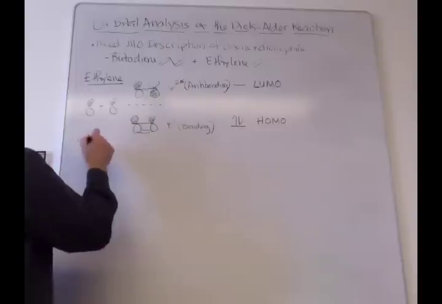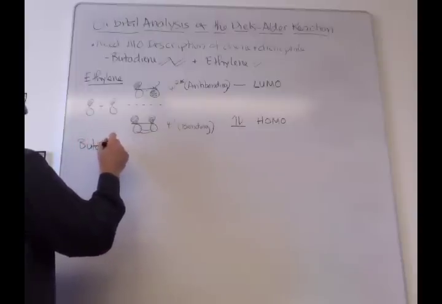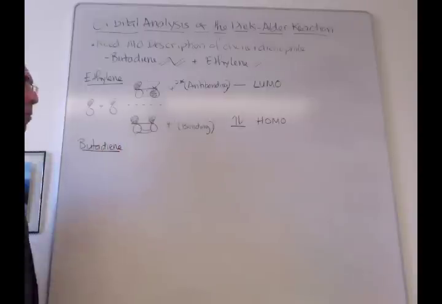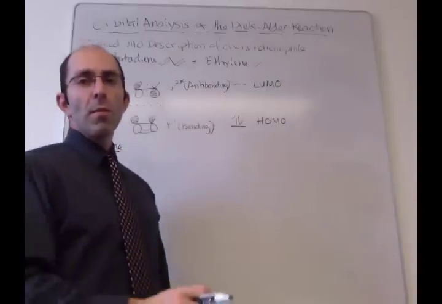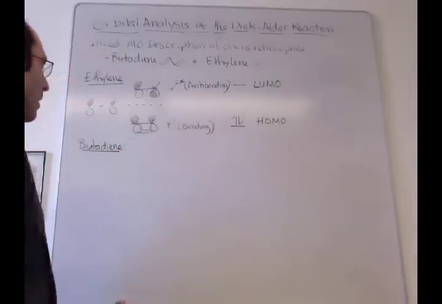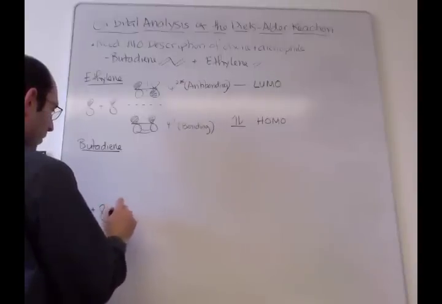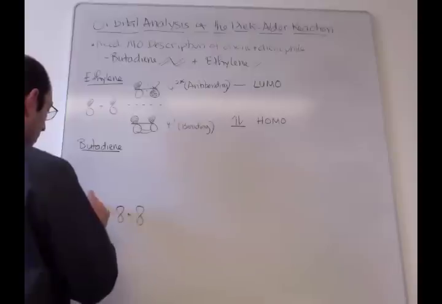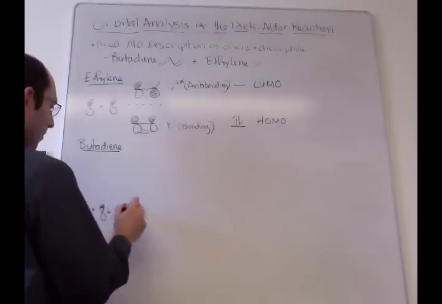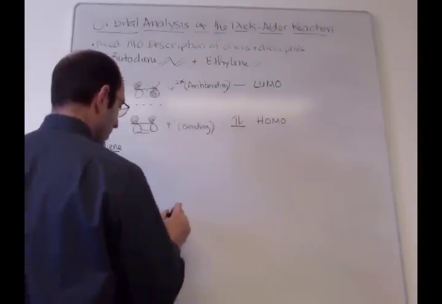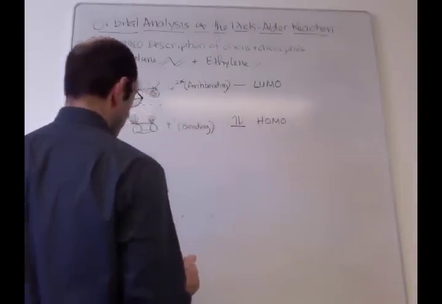Right, when we look at butadiene, now we have to worry about 4 atomic orbitals coming together to make our molecular orbital picture. Right, so we're going to have 4 atomic orbitals. Right, that's going to be our non-bonding line.